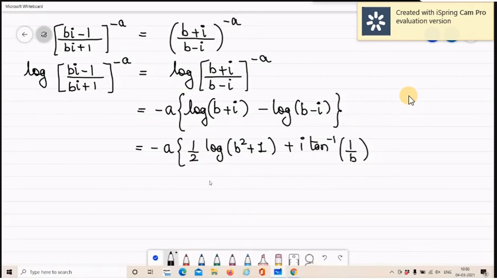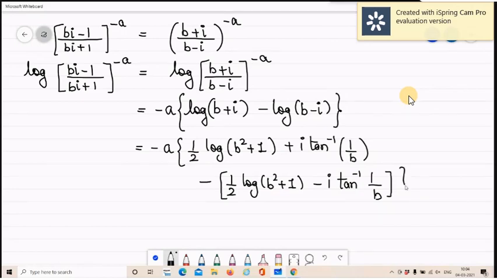Minus, we'll apply here, that is half log of (b square plus 1), because of the b minus i, so there is a minus in between. Is that clear?